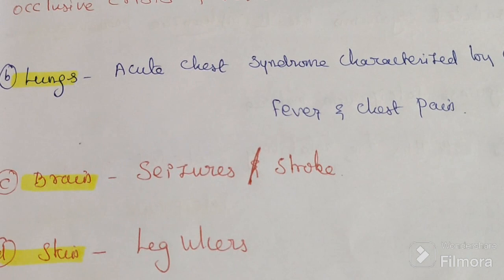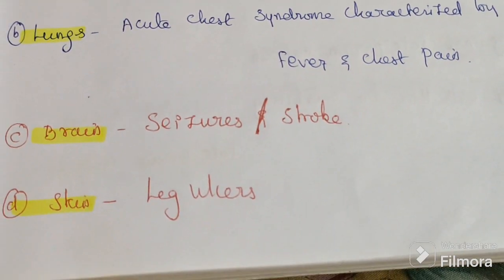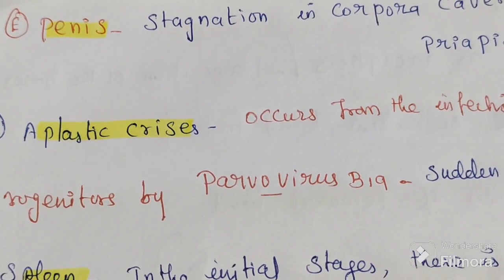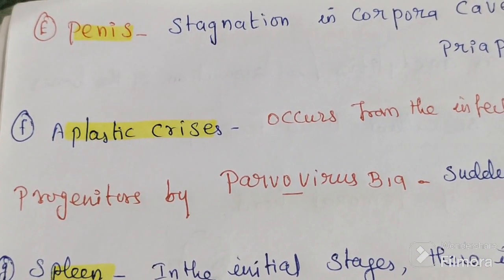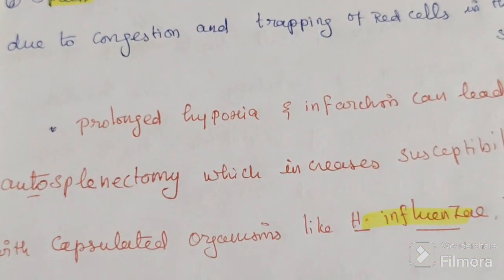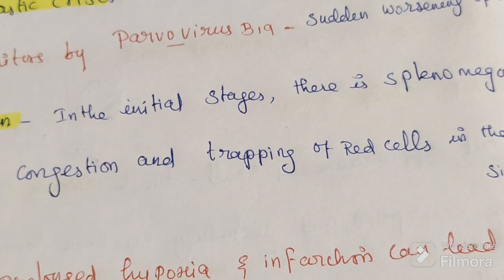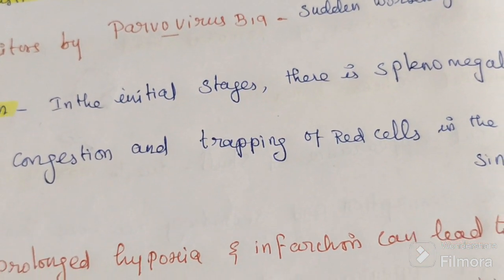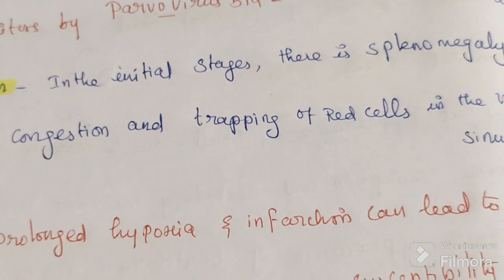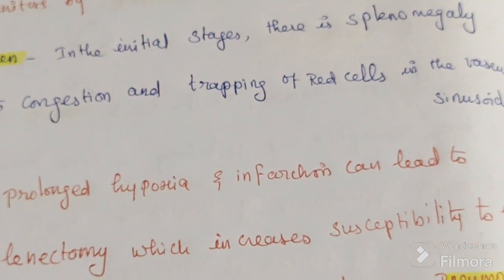Vaso-occlusion on the skin leads to leg ulcer. It also leads to priapism, aplastic crisis, and affects the spleen. The spleen causes phagocytosis of those RBCs and extravascular hemolysis, so the size of the spleen increases.